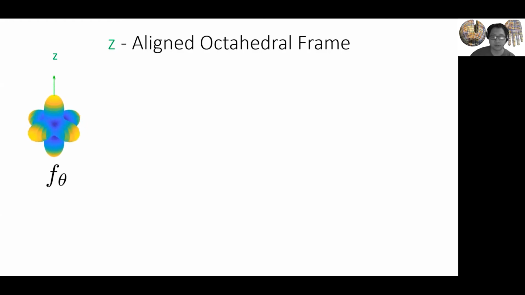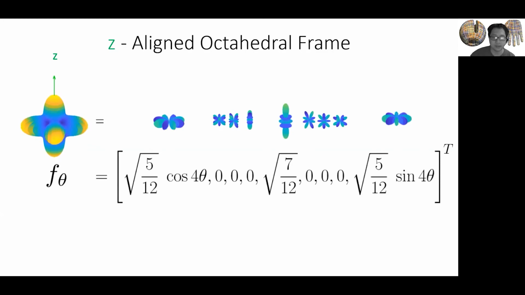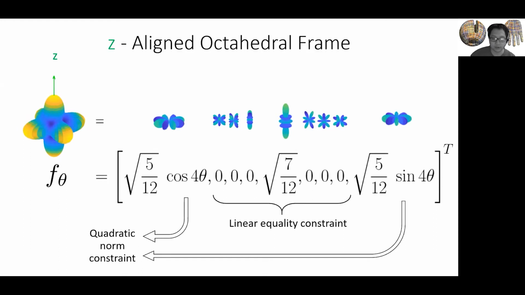Then the corresponding spherical harmonic representation is given by this equation. From an optimization perspective, this means there are 7 linear equality constraints and 1 quadratic norm constraint, meaning if you have a 9 vector and you impose these linear and quadratic constraints, then you are guaranteed that this 9 vector represents a z-axis aligned octahedral frame.